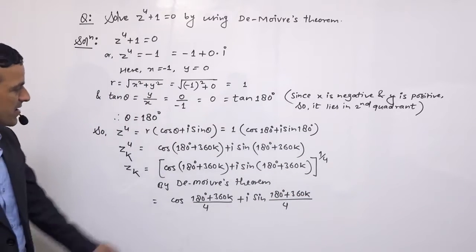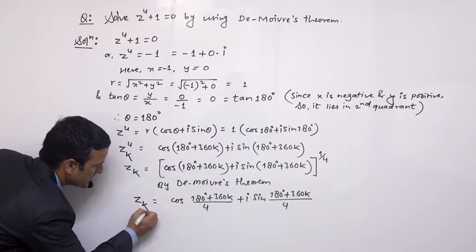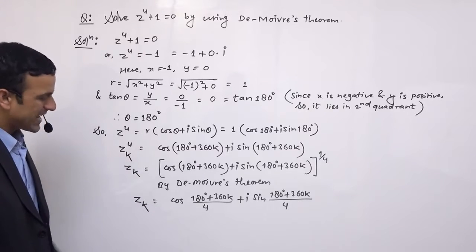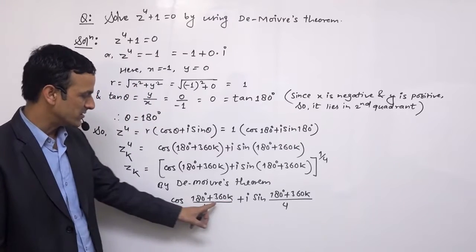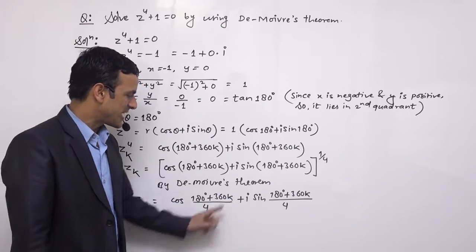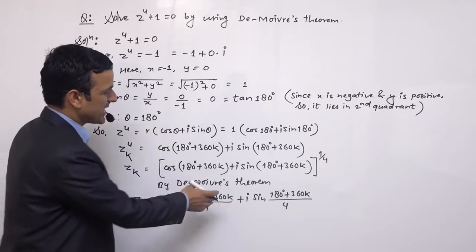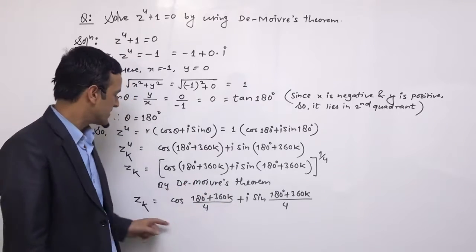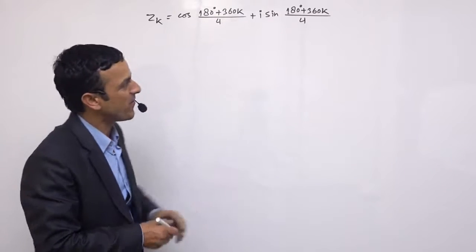So this is obtained from de Moivre's theorem, and this is the value of z. In this step we can substitute the values of k as 0, 1, 2, 3, as far as we need, and we get different values of z.